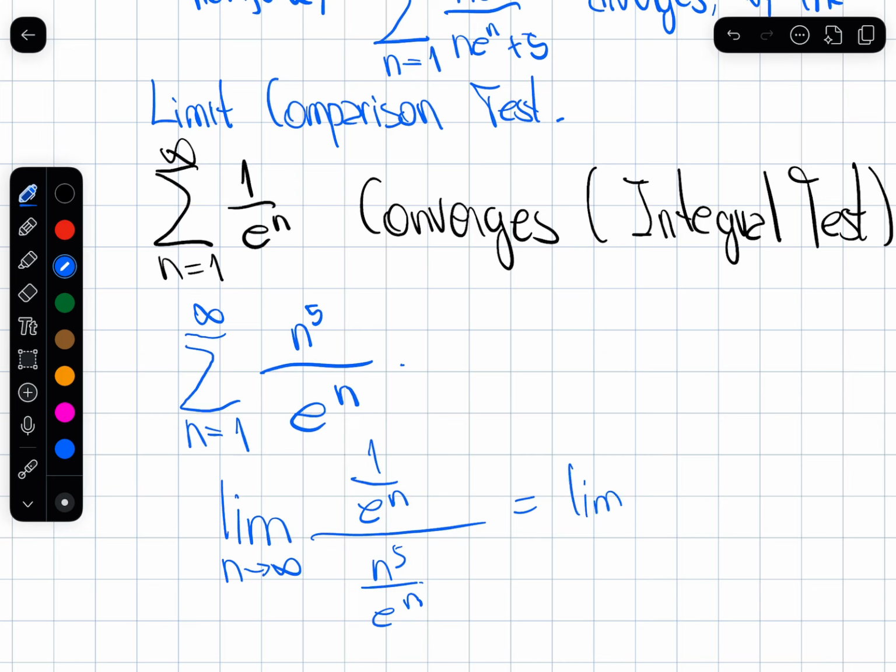And, of course, after all cancellations, this will be 0, right? This will be 0. And what does that mean? Are the two series tied together or not, right? It's hard to tell.